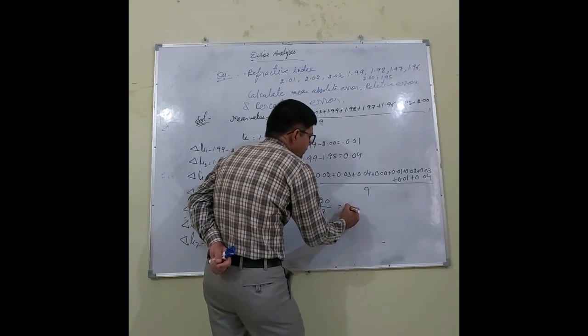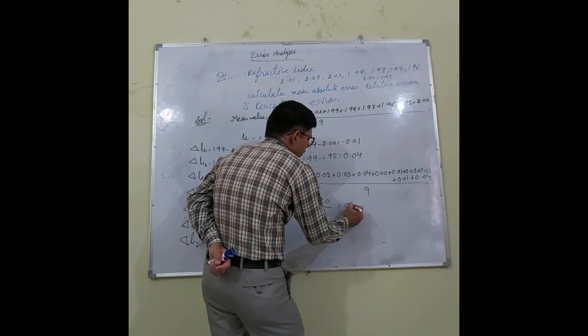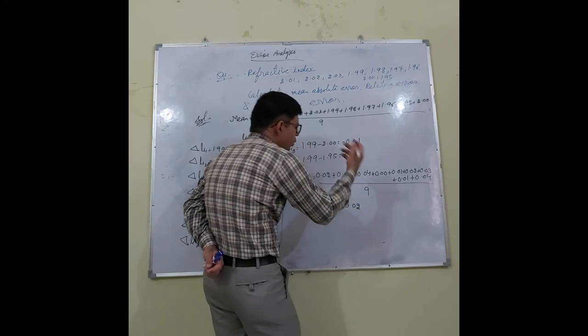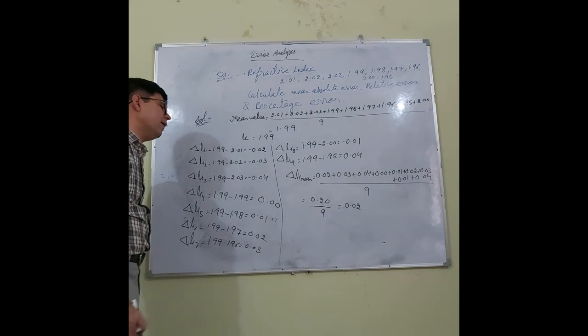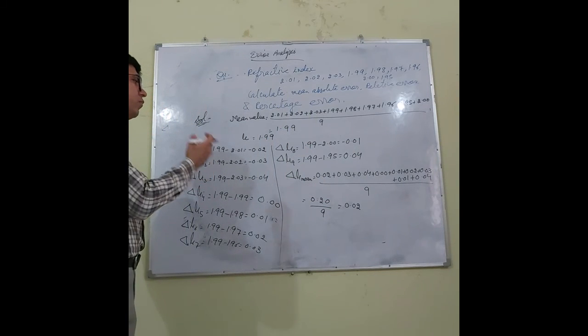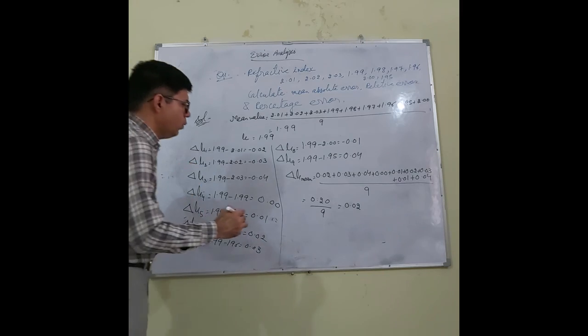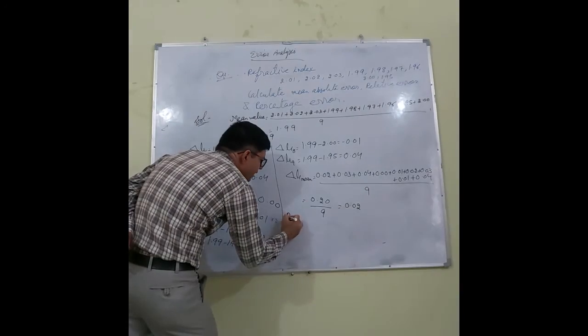If you solve this, it comes to about 0.02 up to 2 decimal places. The mean absolute error is 0.02.